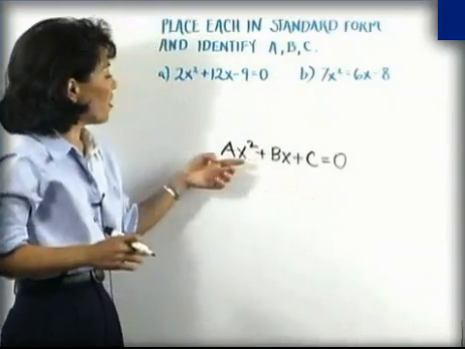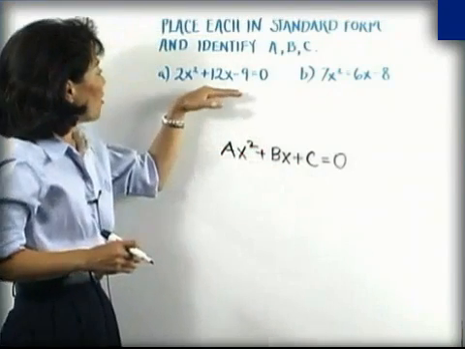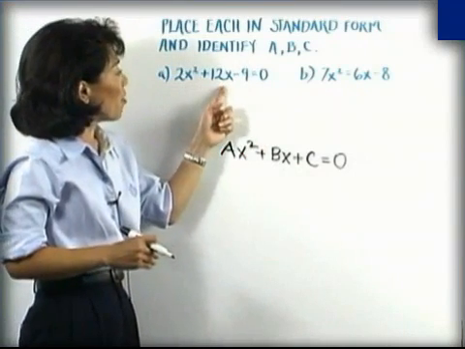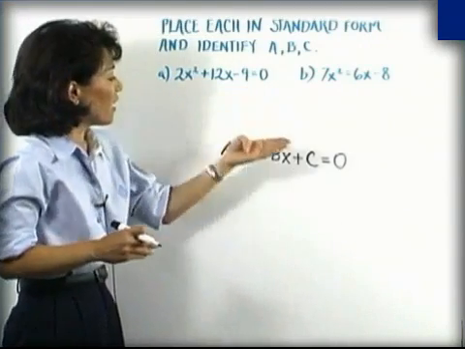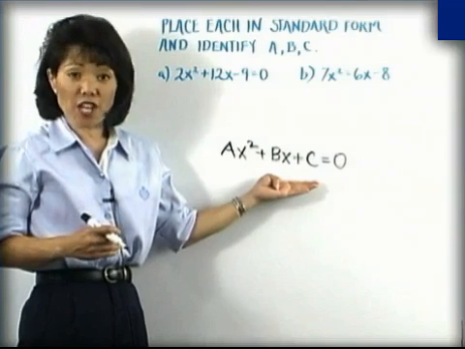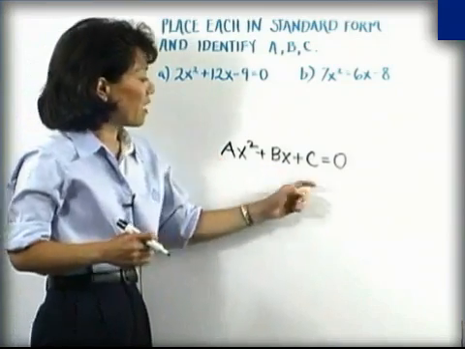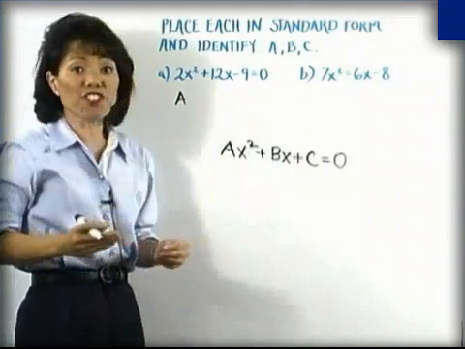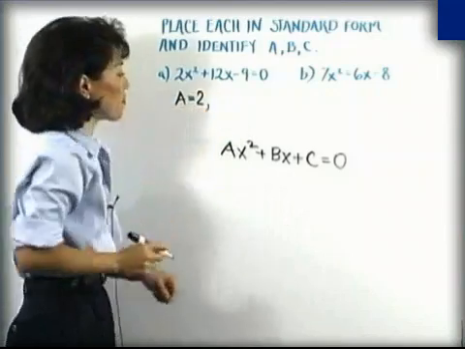So let's identify the values for A, B, and C in our given quadratic equations. Here's the first one: 2x squared plus 12x minus 9 equals 0. Notice that this is exactly in standard form, so the work has been done for us. Our job then is to identify the coefficients A, B, and that constant C. A is the coefficient of the x squared term, so in this case, A is equal to 2.